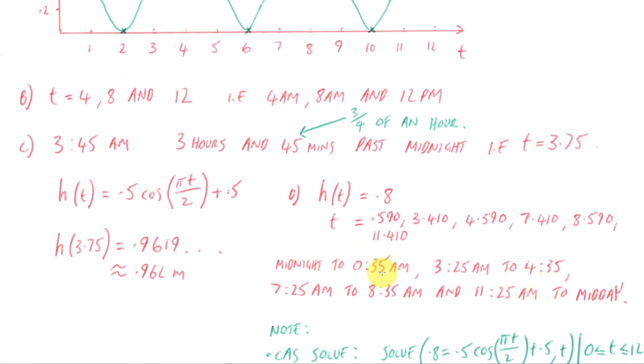Midnight to 35 minutes past midnight is a total of 35 minutes. 3:25 AM to 4:35 AM is a total of 70 minutes. Here we have another total of 70 minutes. And then 11:25 AM to midnight, where we finish this off, is another 35 minutes. So in total, if you add all of those figures up, we're going to have 210 minutes.